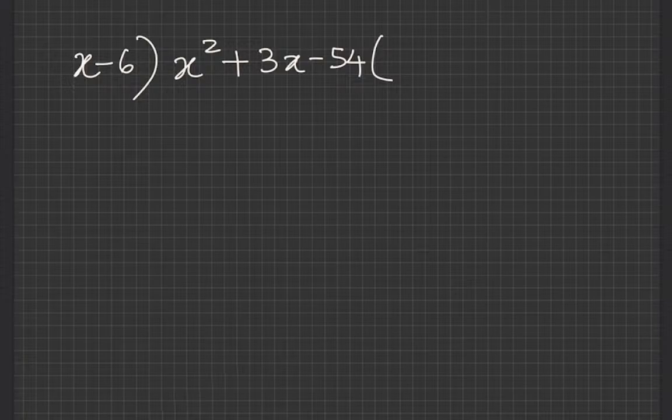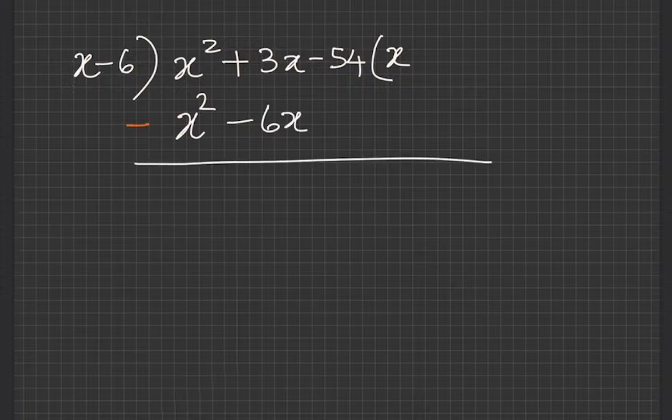Okay. Let's try. So I have x squared and it has to be divided by x. The first term of the dividend by the first term of the divisor. So it is x. So my first term of the quotient is x. Now I'm going to multiply x minus 6 by x. So I get x squared minus 6x.